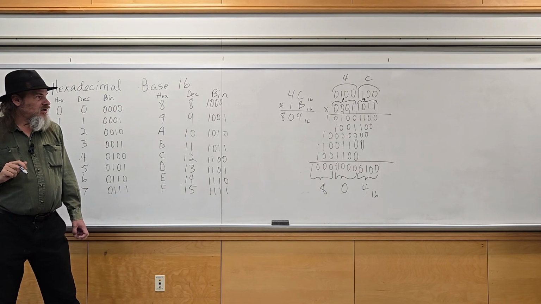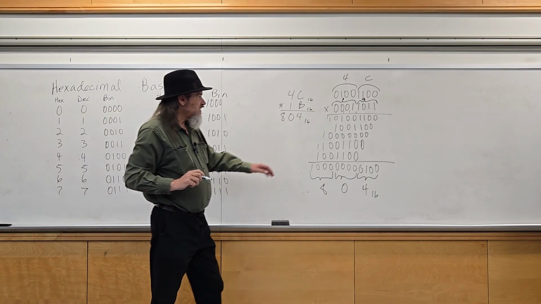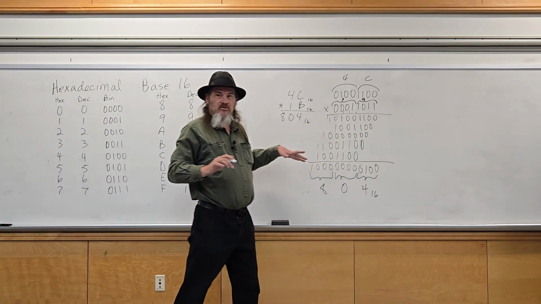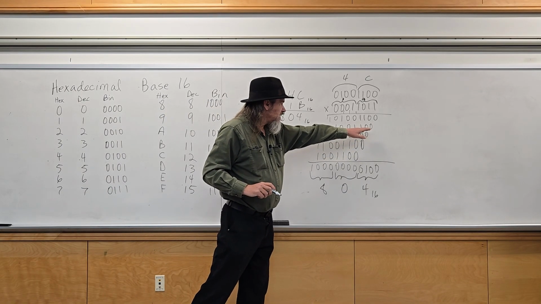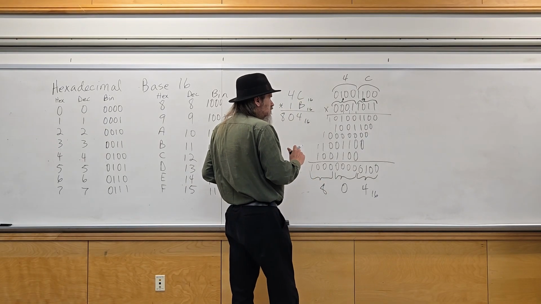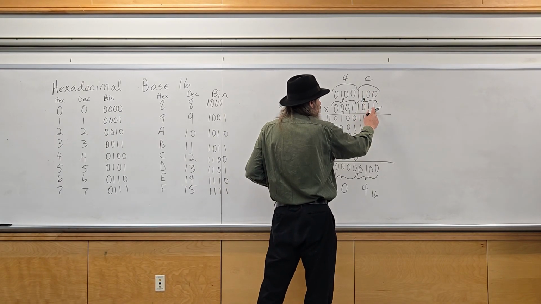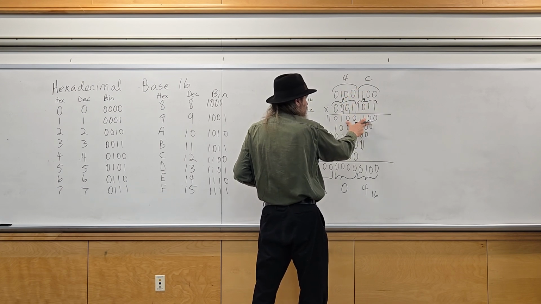Okay. And then you just do the shift and add method of normal math: if there's a 1, copy the whole number down here.